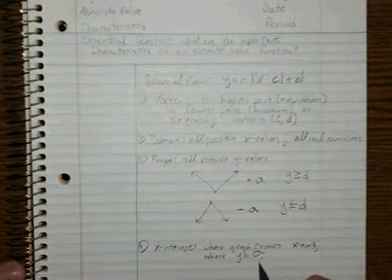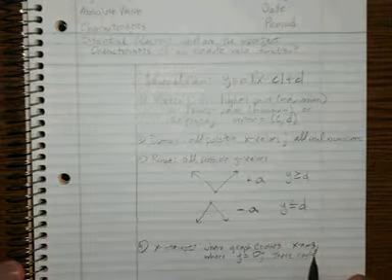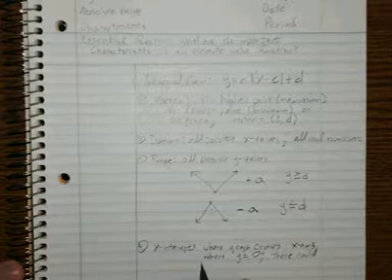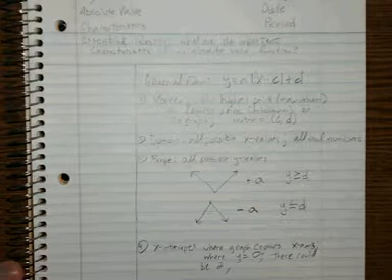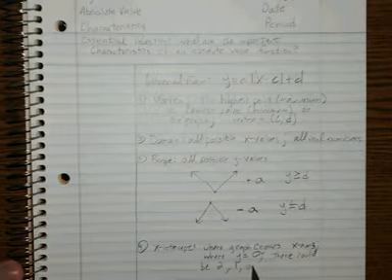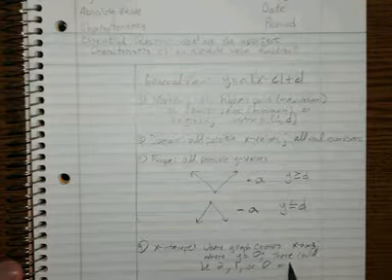That's important to note. In the case of absolute value, there could be as many as 2, or there could be 1, or there could be 0 x-intercepts.